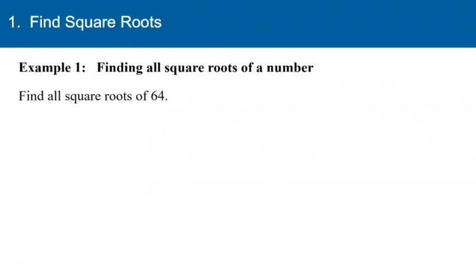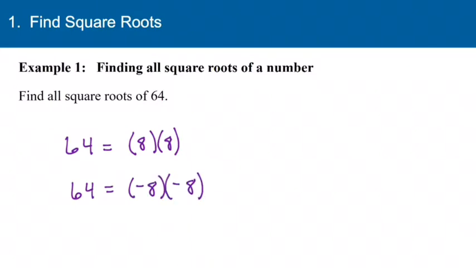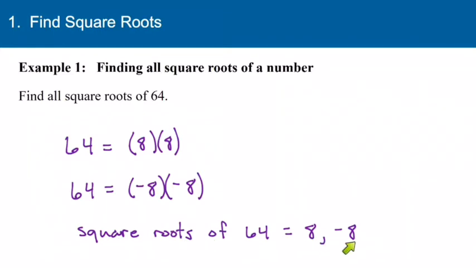Well, we know that 64 can be written as 8 times 8. But if you think about negative numbers, 64 can also be written as negative 8 times negative 8. So both of these numbers are considered square roots of 64. So we'll go ahead and say the square roots of 64 are positive 8 and negative 8.